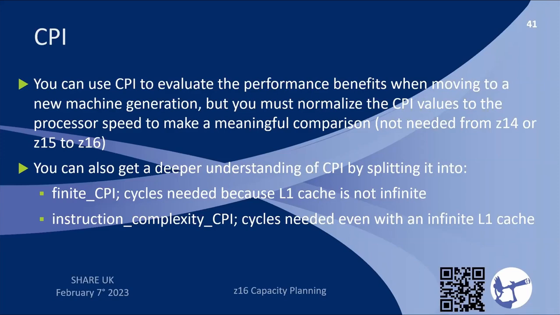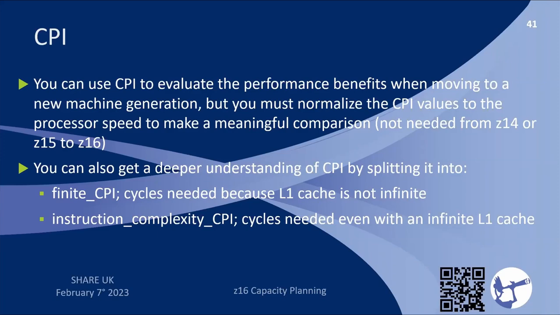The other one, the instruction complexity CPI, is affected by the architecture that lies behind. So the better the architecture performs, the lower this part will be when you measure the CPI. I have to say that this is a very theoretical statement. It's probably useful to IBM developers and not for final customers.